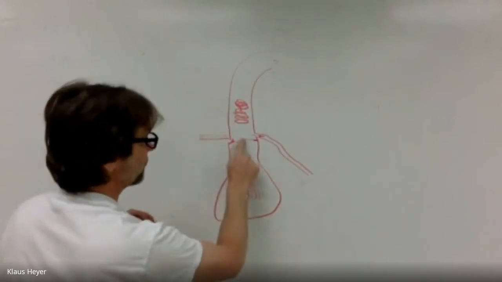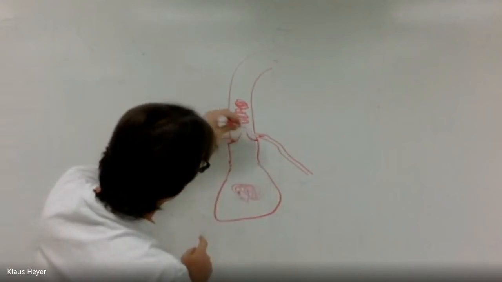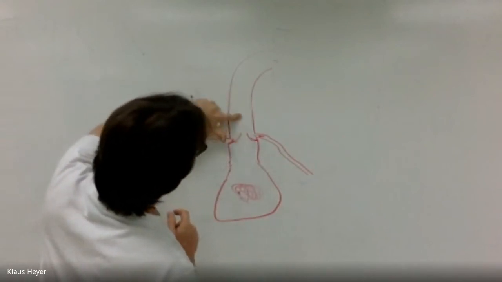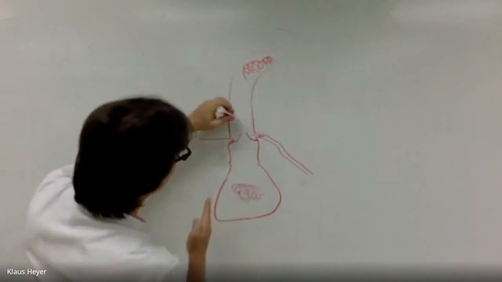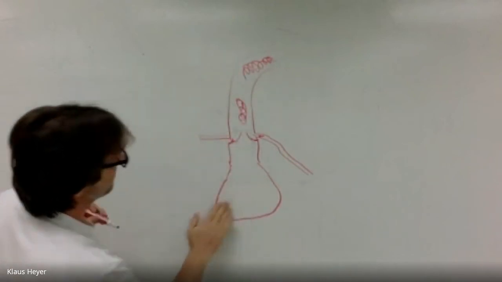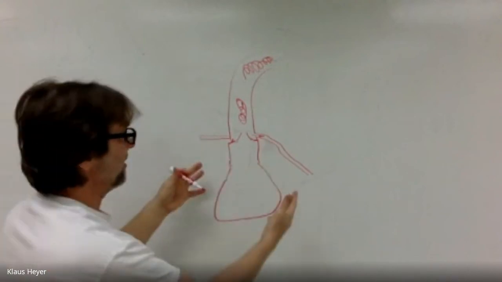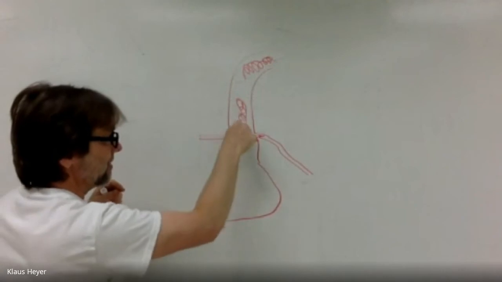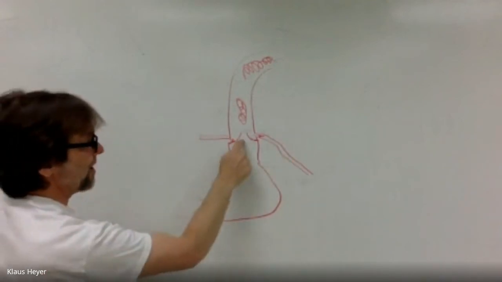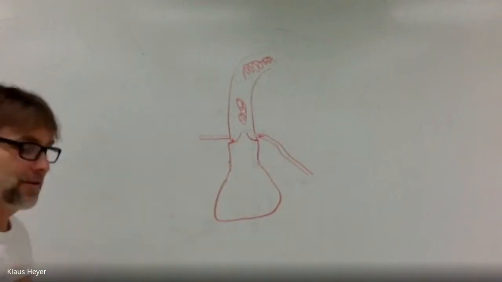And then the next heartbeat, it contracts again, and here's the next part of blood, right? This thing's going to contract. It's going to open up. This blood's going to go here. This blood is going to push up, and it's going to be here. And then it's going to relax again. Some of this blood's going to come back down and go that way and go that way, because it can't get back into here.